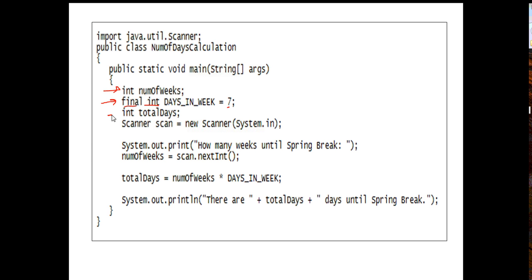Then you have a regular variable int, total days. Now in here, how many weeks until spring break? Num of weeks. Go on here, and then in this variable right here, we are calling this constant. What is your value? And of course, it's 7 in there. It's not an unnamed constant, but it's named.